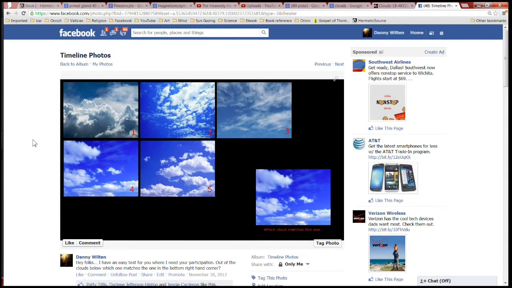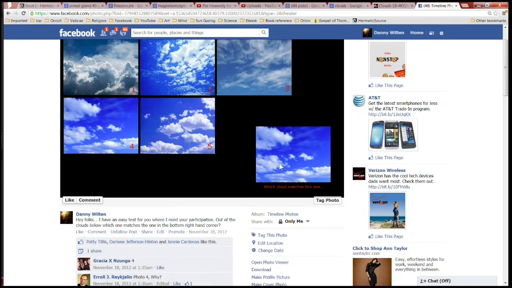So now we're going to test the human ability to recognize pattern matching among complex images, which are clouds, which are basically the same as the Orion Nebula, since that is a cloud. What you see right here are 5 different images at the top, numbered 1 through 5. On the bottom right is one of those images that has been pulled and put in the bottom right-hand corner.